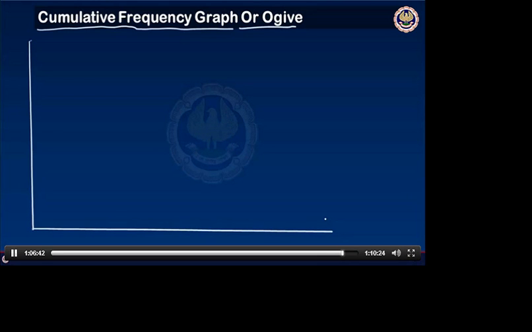Here we will have the cumulative frequency, and this will represent the class bar, the same. This will be a broken axis. This will represent age in years as usual.